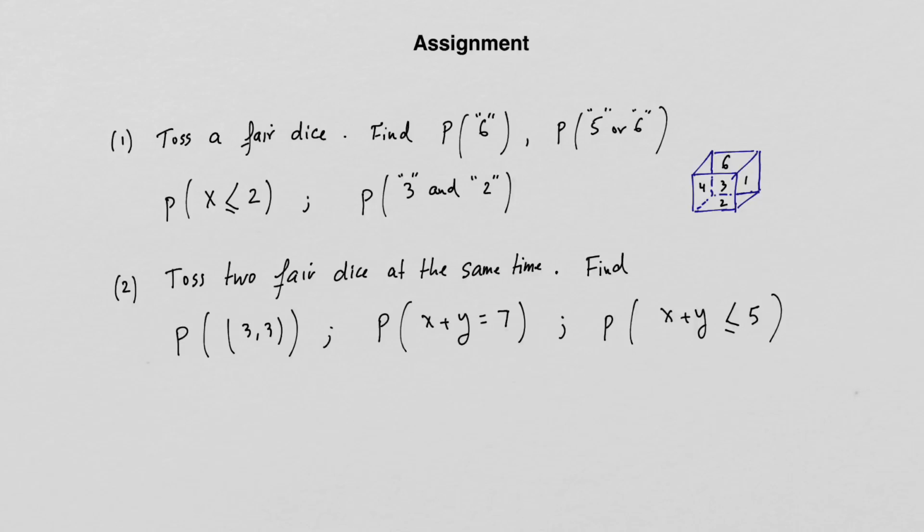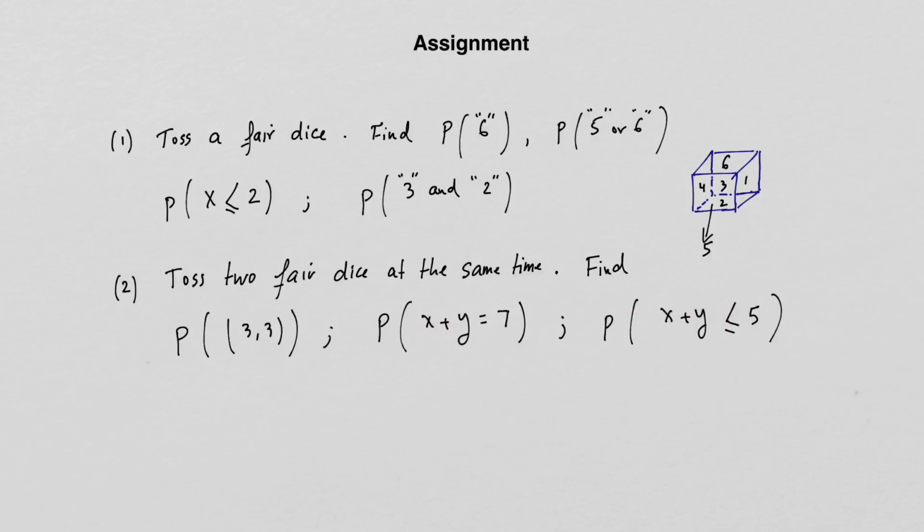Oh, the one outside. Let's call it 1, 2, 3, 4, 5. Let's see. Okay. What's the probability of getting either a 5 or a 6? You got to use the formula. What's the probability of getting a number less or equal to 2? In other words, a 1 or a 2. Okay. What's the probability of getting a 3 and a 2?